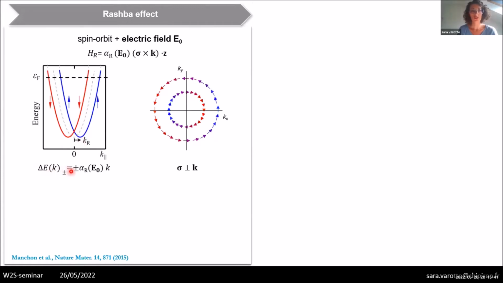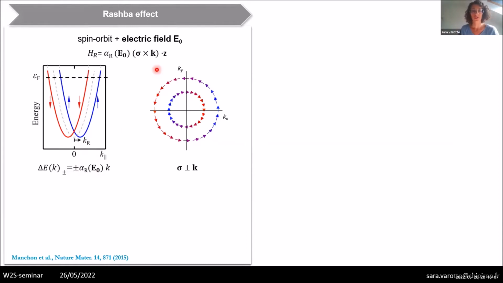And this splitting is proportional to the wave vector, thanks to this proportionality coefficient, which is actually a field, called the Rashba field, that depends on the electric field. It is proportional to the spin-orbit coupling and the electric field. So it means that if we change the electric field, we can change the amount of splitting that we have, and so the spin properties of the band structure.